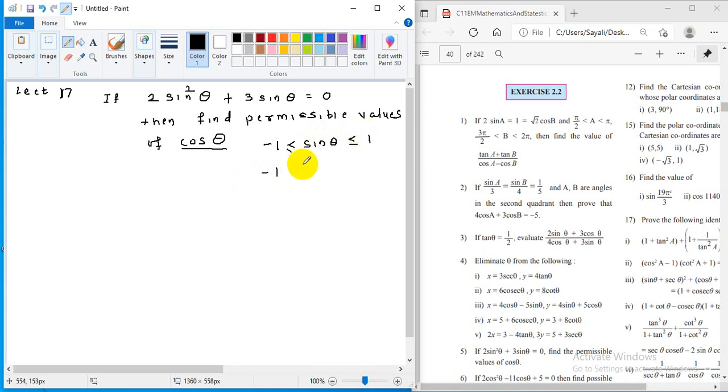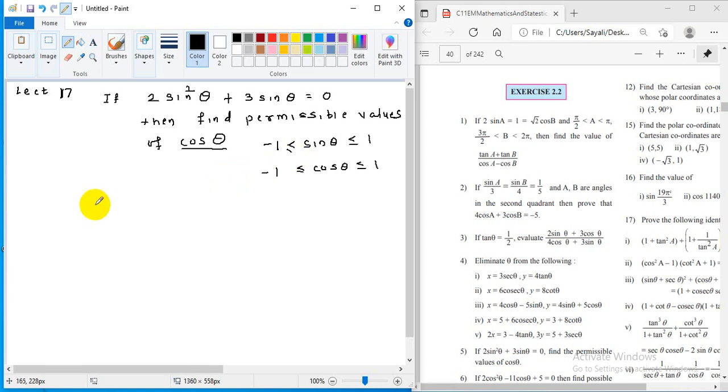Similarly, -1 is less than or equal to cos theta, less than or equal to +1. Your sine theta or cos theta cannot be greater than 1, and it also cannot be less than -1. Keep this in mind while doing such problems.